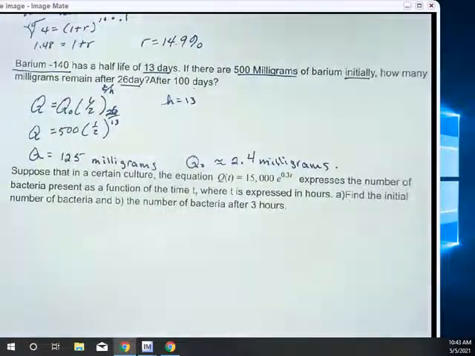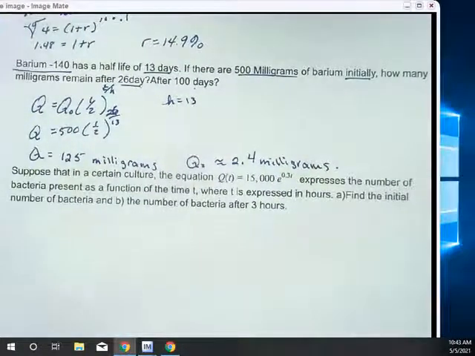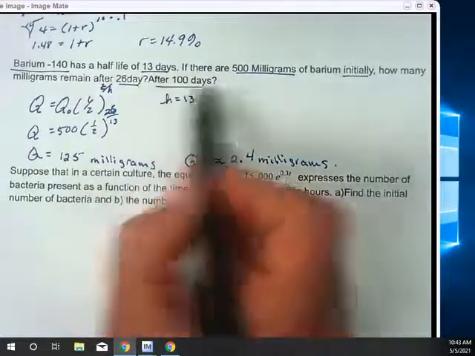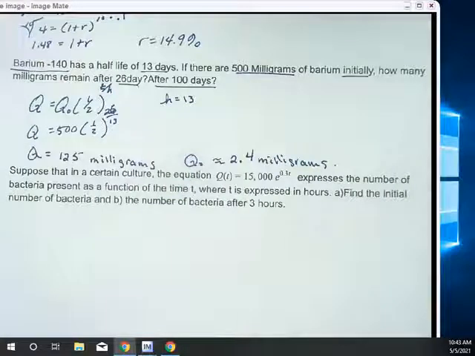Any questions on that one? I'm not going to waste my time typing it back into the calculator because I'm doing the same thing. I've just changed one variable. Everybody okay with that? All right.